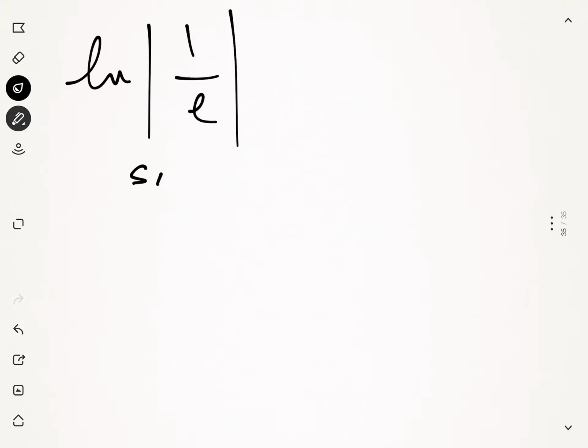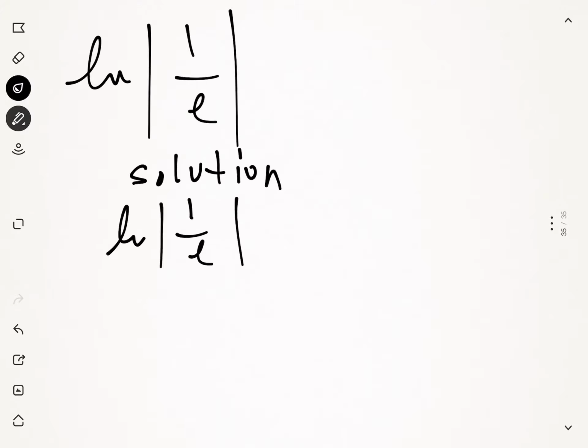Let's look at another one. Natural log of 1 over e. The solution will be to take this side, natural log 1 over e, and set it equal to y. So now you have two sides.